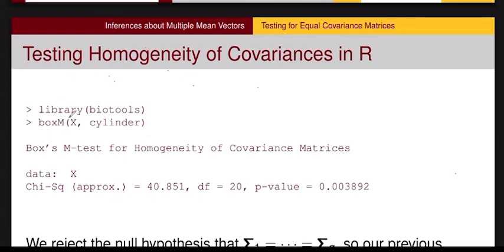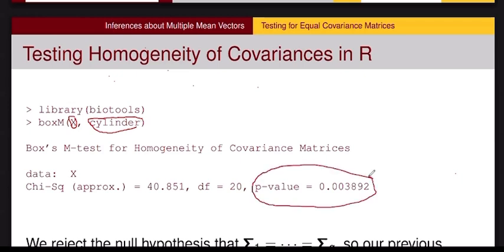You indicate the categorical factor, and the moment you run Box's M, you automatically have your p-value.